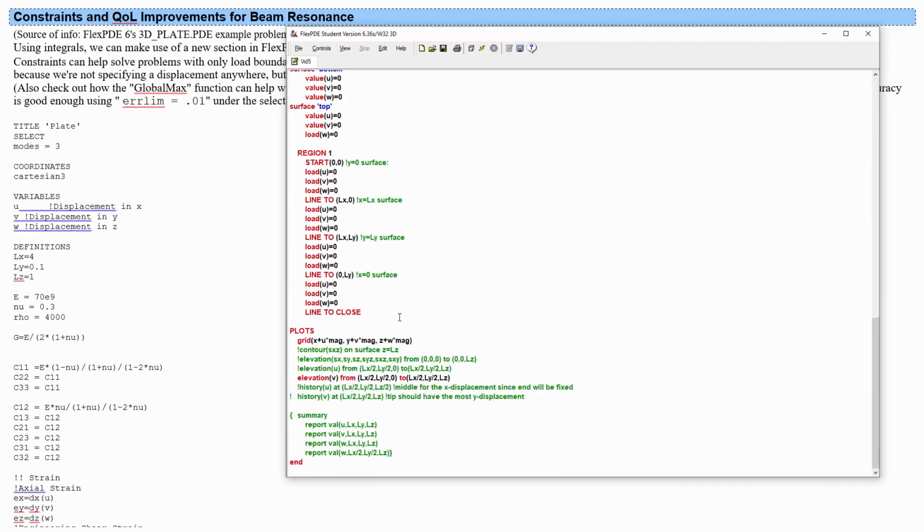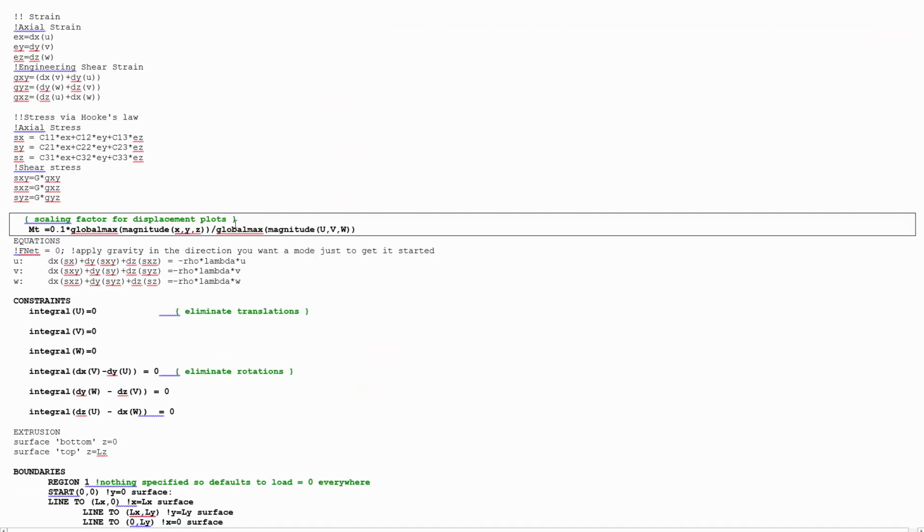Rather than plotting the x plus u times magnitude, we probably could just plot x plus u, y plus v, and z plus w. But there's something even better we could do, and that's to scale the whole thing based on the global maximum.